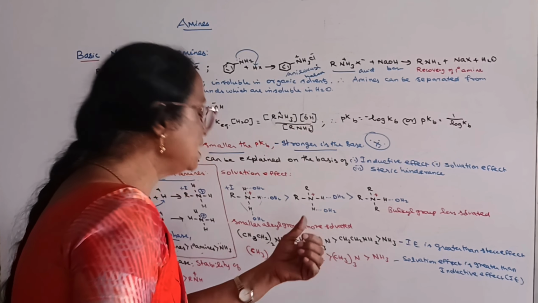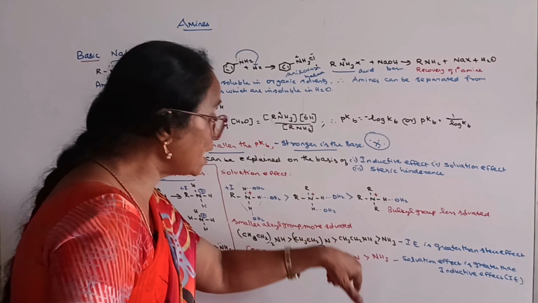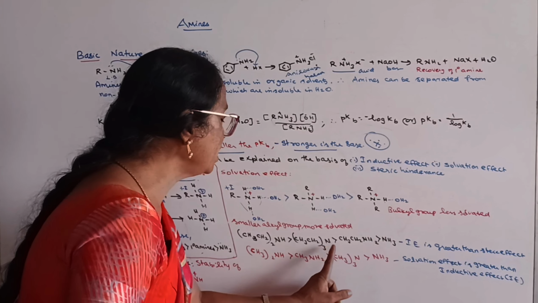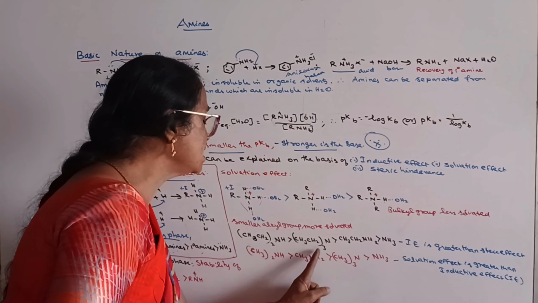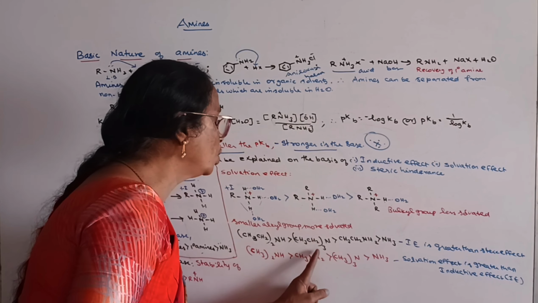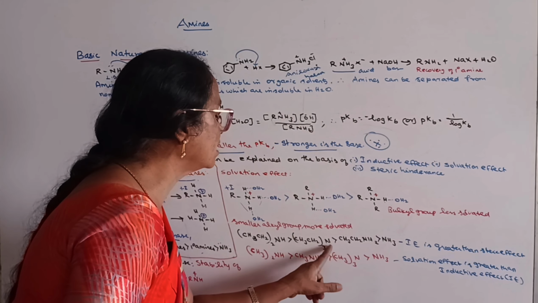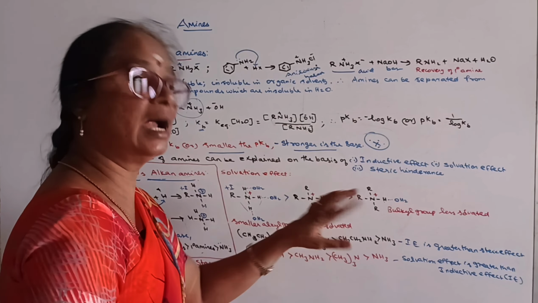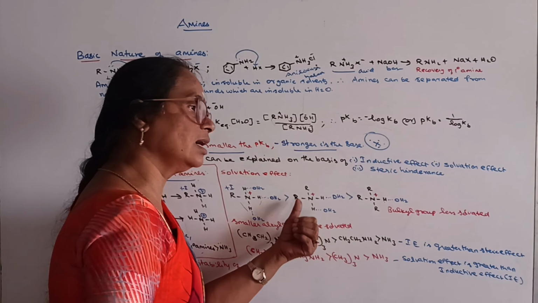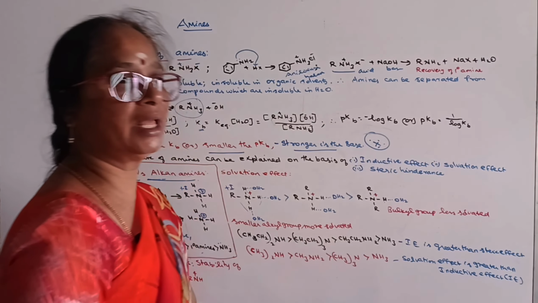When you go to the tertiary amine, besides the solvation effect, though it is solvated less readily, the presence of 3 alkyl groups increases the electron density on the nitrogen atom, and hence when the ethyl group is present, triethylamine becomes stronger than the primary amine.